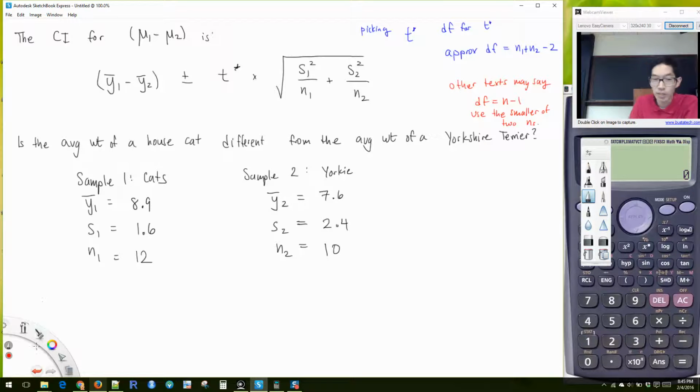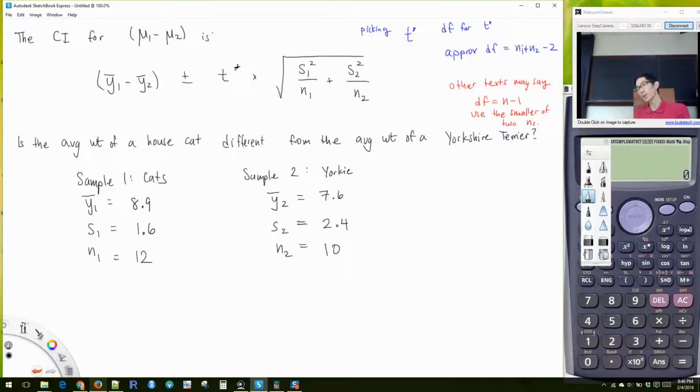The truth is that the degrees of freedom is almost always going to be somewhere between these two numbers. Just so everybody gets the same answer, we'll use n1 plus n2 minus 2 degrees of freedom in class.